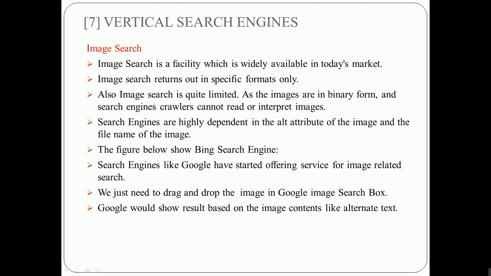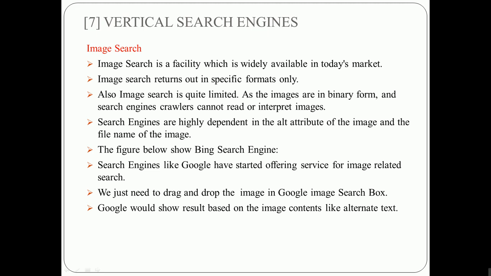We just need to drag and drop the image in the Google image search box. We do not need to provide much more information. Just click, and the Google image search box will give you a result.